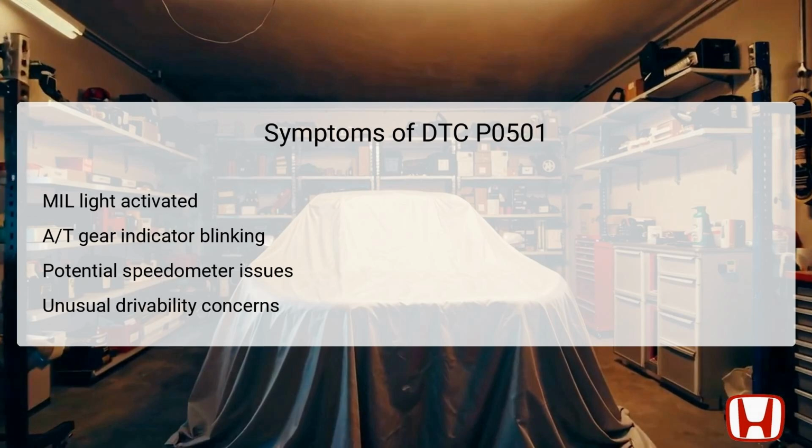Other symptoms could include issues with the speedometer displaying incorrect or fluctuating speed readings. In severe cases, drivers might experience general drivability concerns, such as unusual shifts in transmission or reduced acceleration performance. Recognizing these symptoms is essential for prompt diagnosis and repair to avoid further complications.